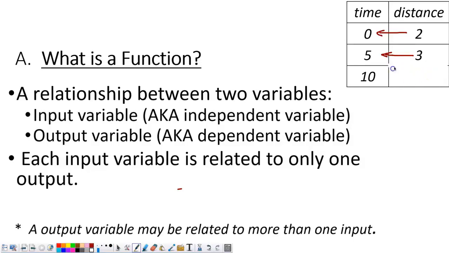Because the 3 is repeated in the output column there, that 3 is technically being related to two different inputs. So it's okay for the output to connect to two different inputs, but it's not okay for the input to connect to two different outputs. All right? So that's kind of how that works.